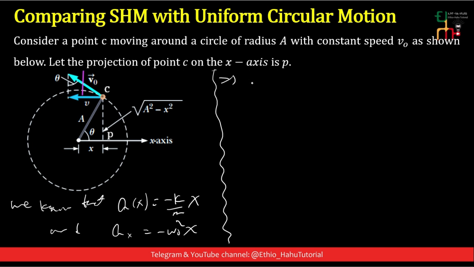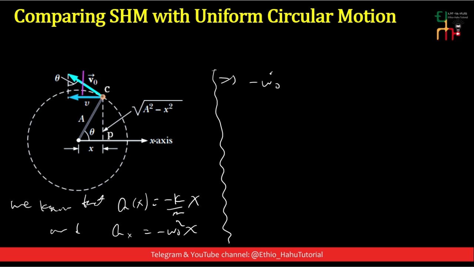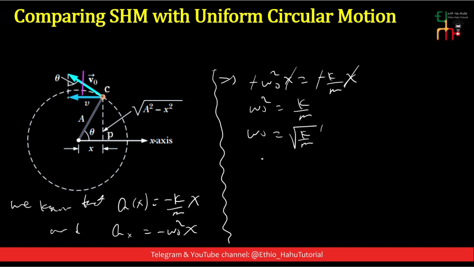This implies minus omega naught square times x is equal to minus k over m times x. Here minus goes with minus, x goes with x, because these two are the acceleration of point P. Omega naught square is equal to simply k over m. Omega naught is equal to the square root of k over m.